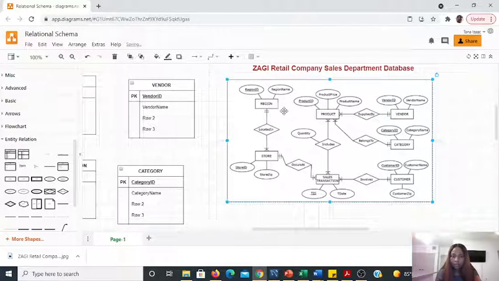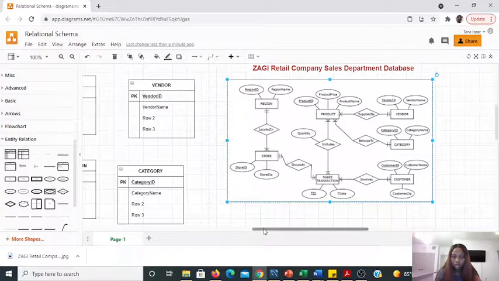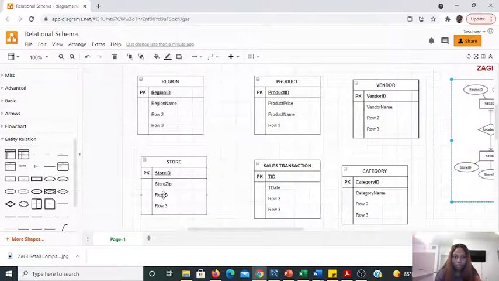So we have a one-to-many relationship between region and store. One region can have many stores, or many stores can be located in one region. And the cardinality many is facing the entity store. So our foreign key in this case will be region ID, which will be in the store table.